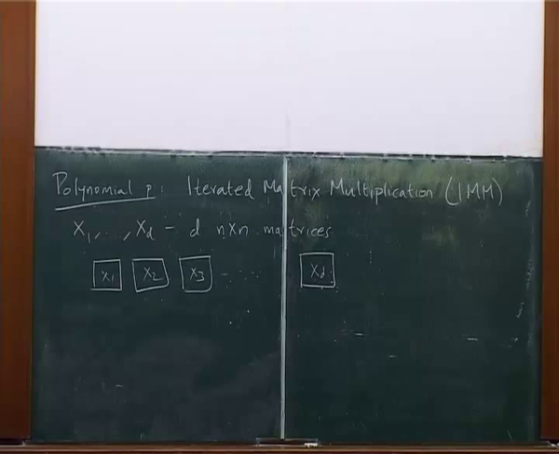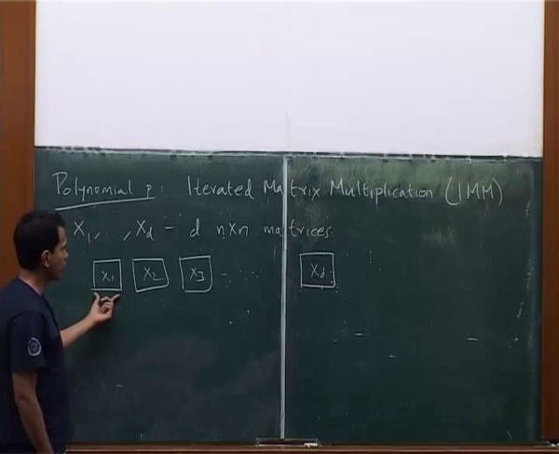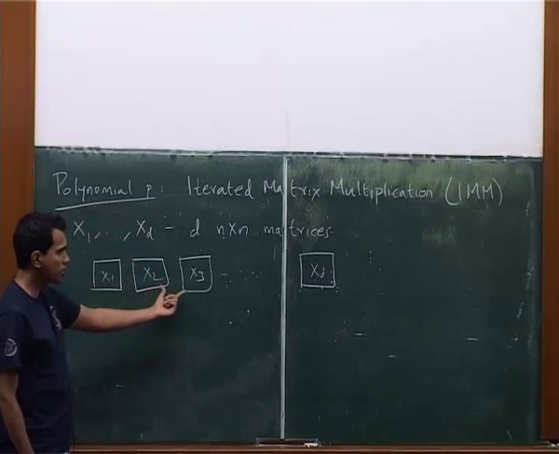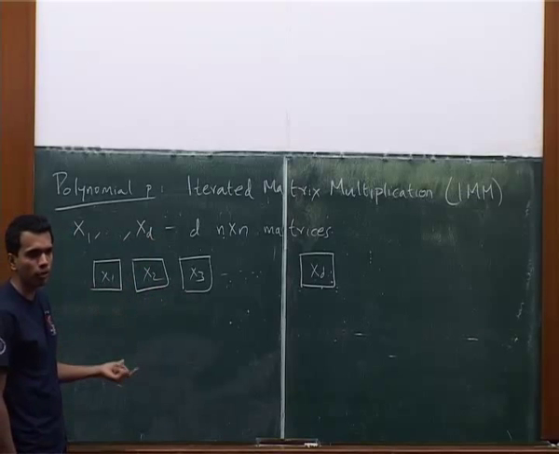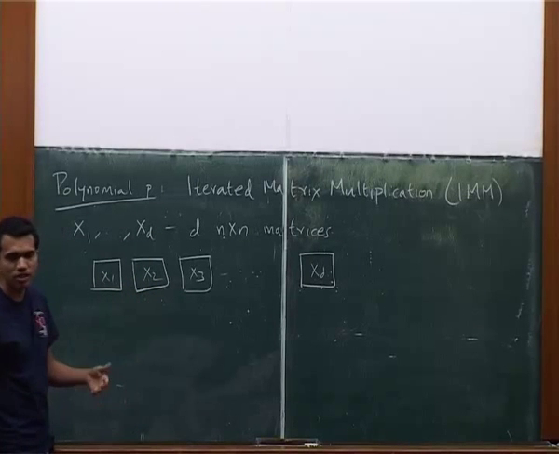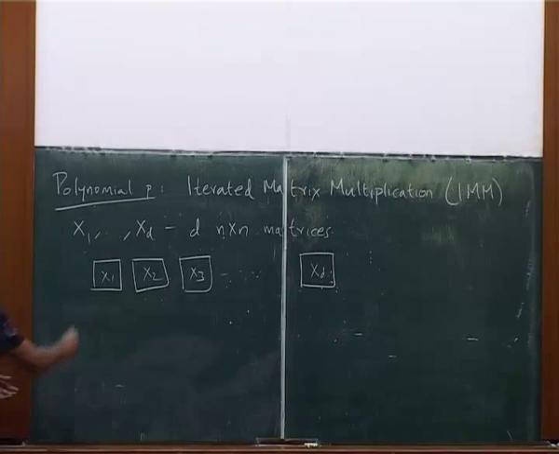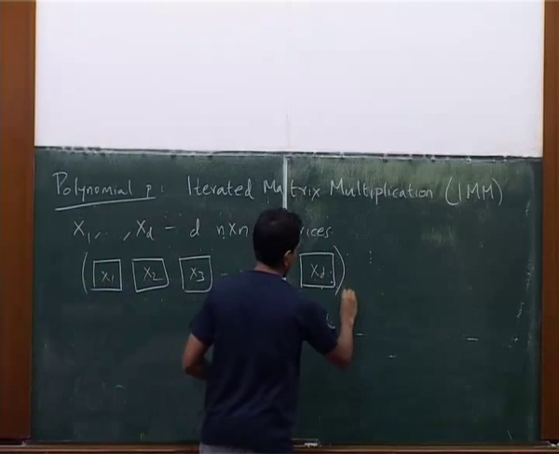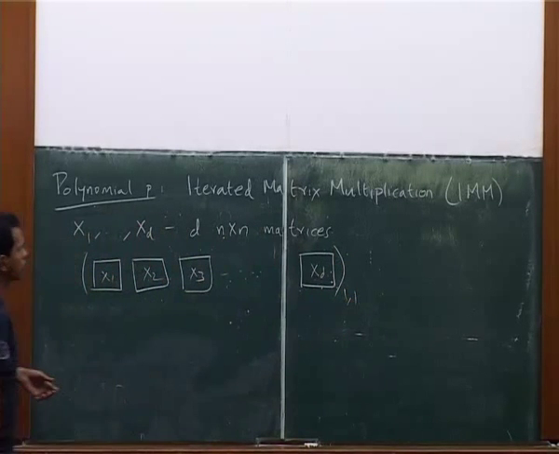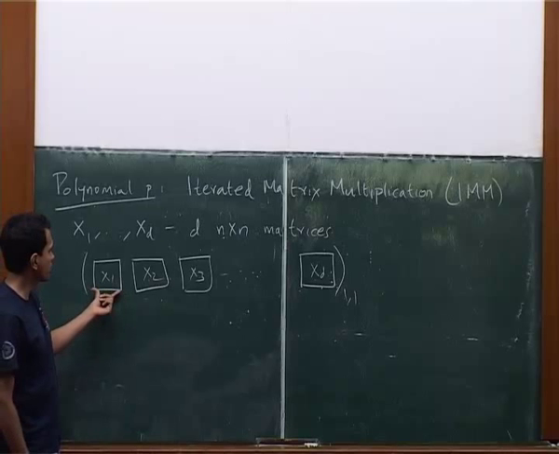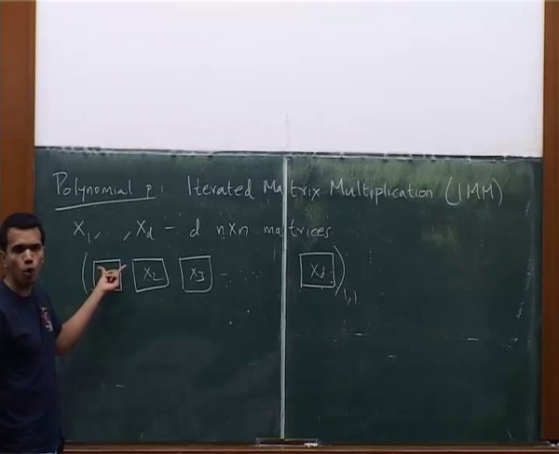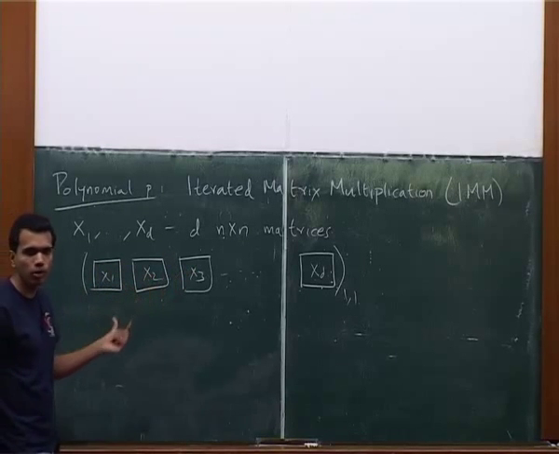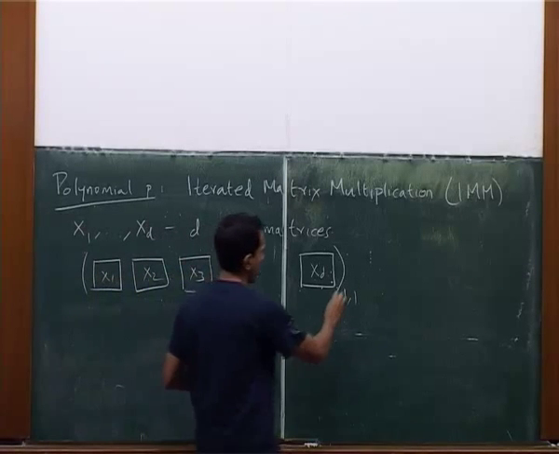Okay, right? But strictly speaking, this is not exactly what we want. We want a single polynomial. This gives you n squared many polynomials. So what you do is consider, say, the 1,1th entry of this matrix. If you think about it, if you're looking at the 1,1th entry of this matrix, you just take the first row of x1, the first column of xd, and it's that matrix product.